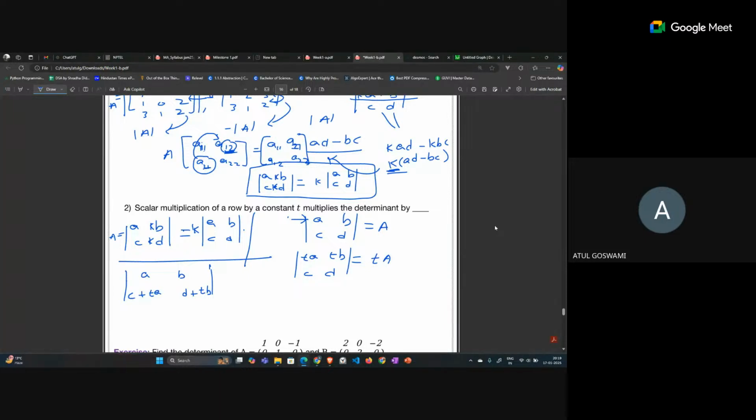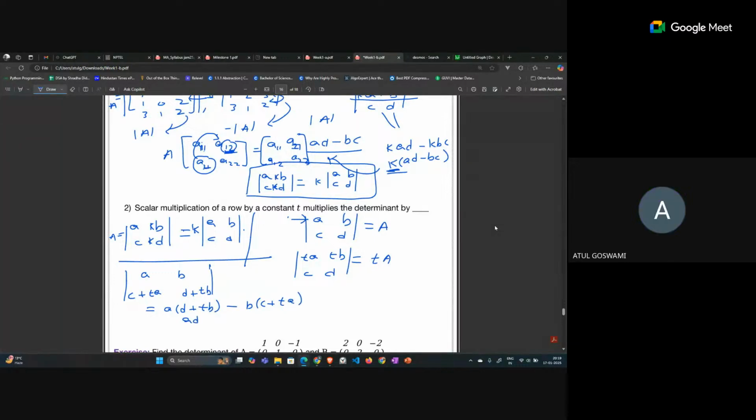In this case, can you find the determinant of this? Let's calculate. A times (D plus tB) minus B times (C plus tA).